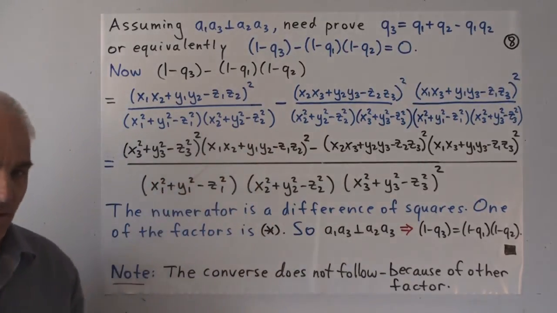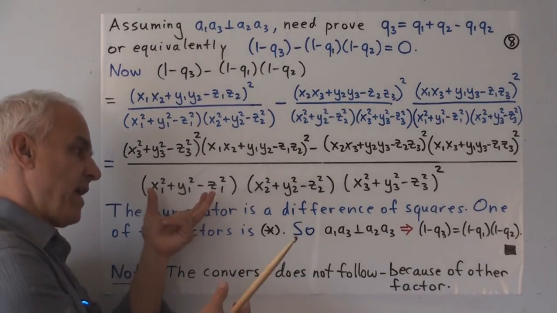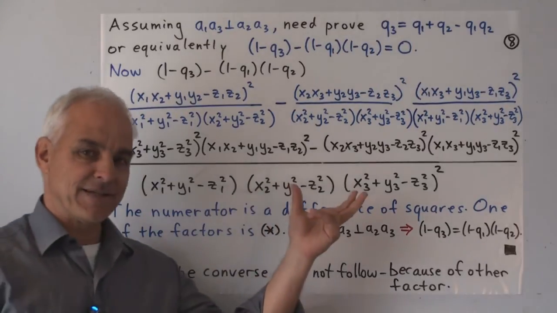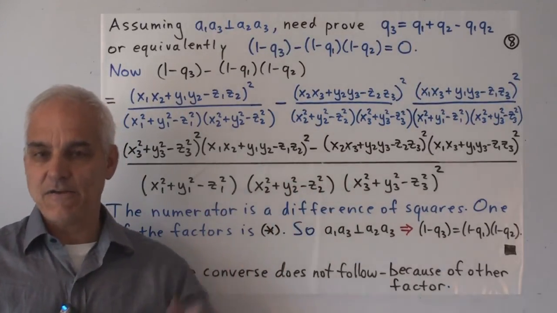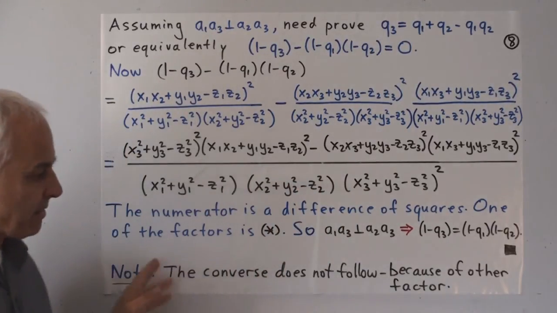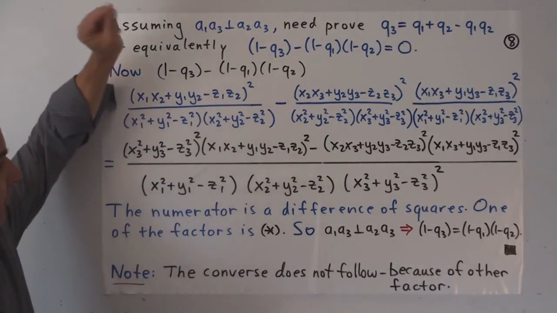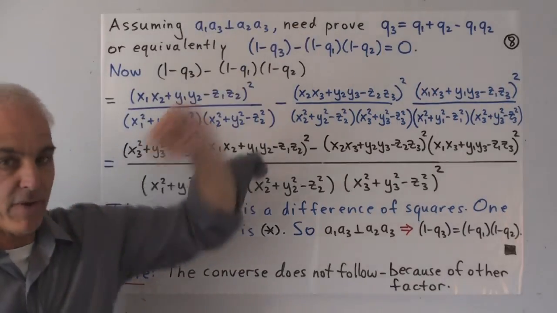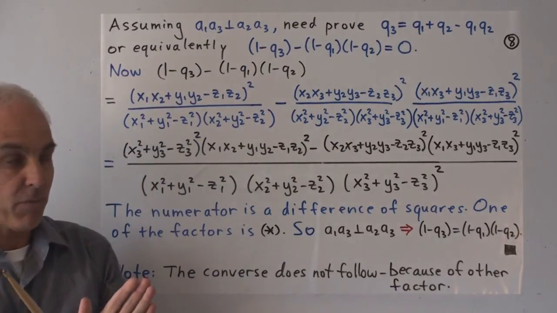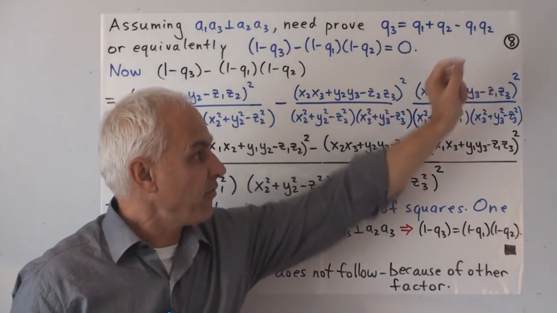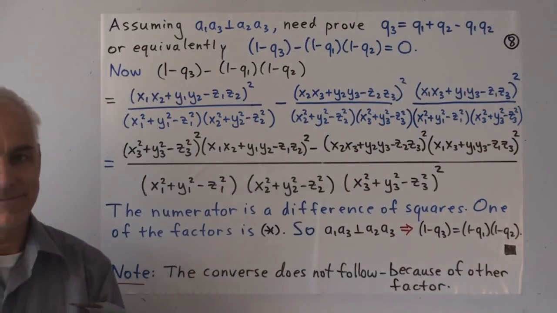If we know that's 0, we can conclude that either this factor is 0 or the other factor is 0. But it's not so easy to exclude that possibility of the second factor being 0. So we can't immediately deduce the converse result. Pythagoras' theorem, so far at least, only goes in one direction. If the lines are perpendicular, then q3 equals q1 plus q2 minus q1 times q2.